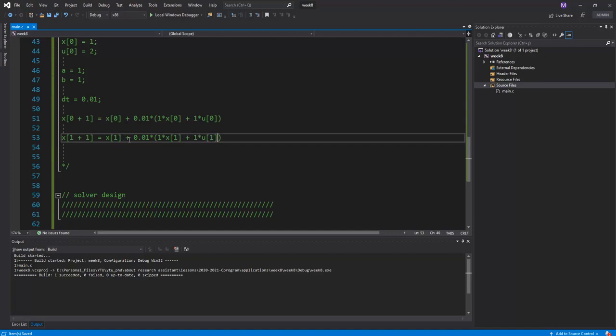Okay, and so how can we calculate these things? In the first place, we obtain this equation as a form of x1 is equal to these things.